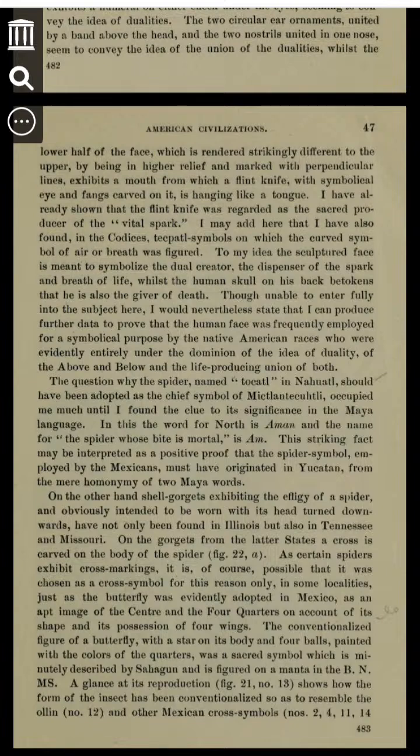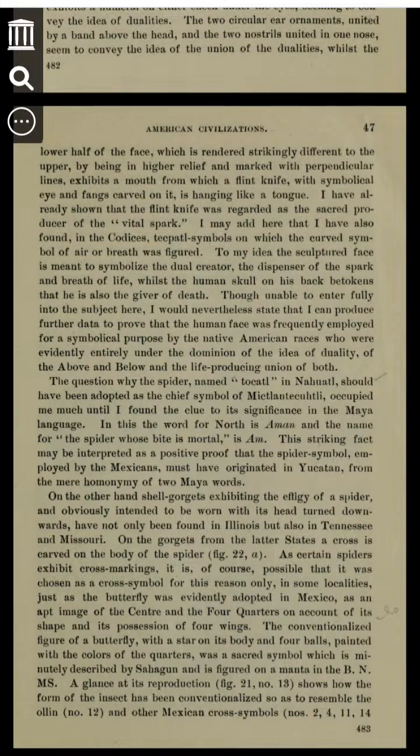On the other hand, shell gorgets exhibiting the effigy of a spider and obviously intended to be worn with its head turned downwards have not only been found in Illinois, but also in Tennessee and Missouri. On the gorgets from the latter states, a cross is carved on the body of the spider.